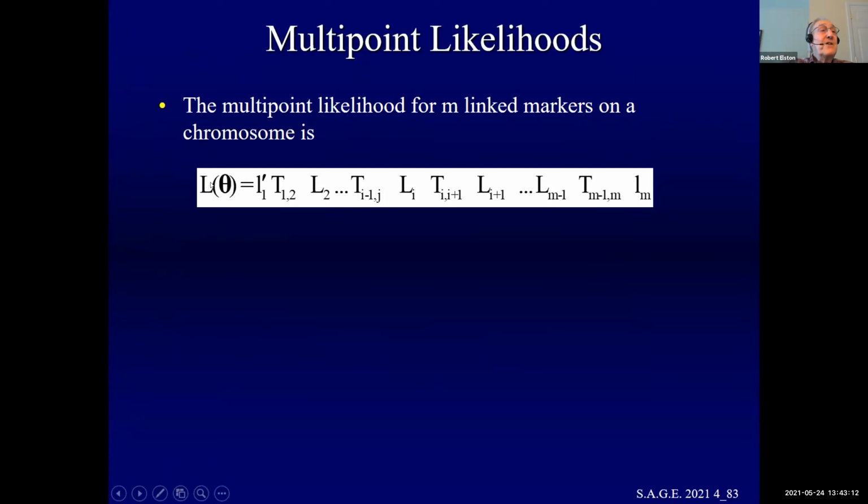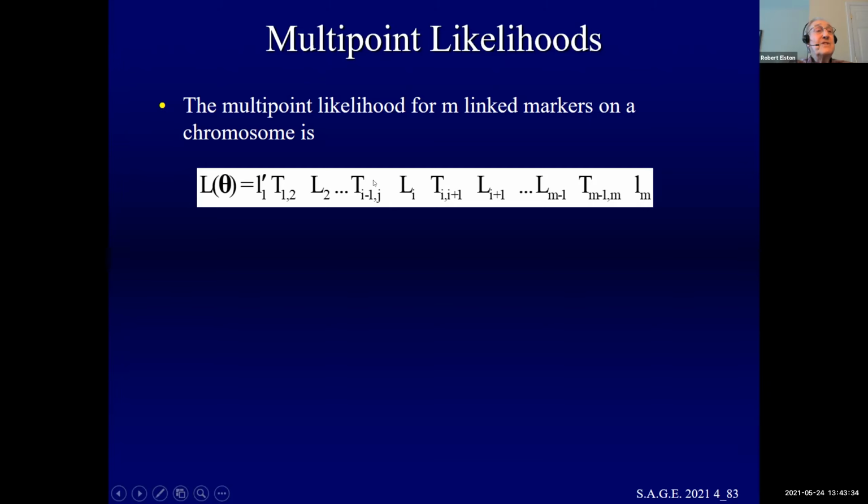It's the likelihood for the theta, and here you have the first marker, you have this diagonal transmission, and then you have between the first and the second, and then you go on, keep doing it.